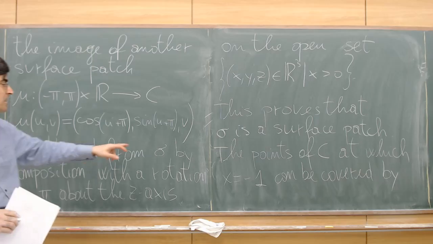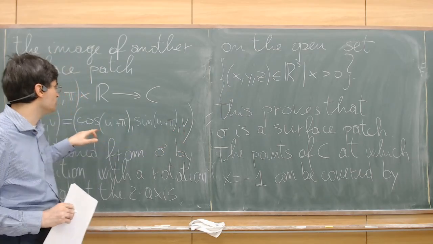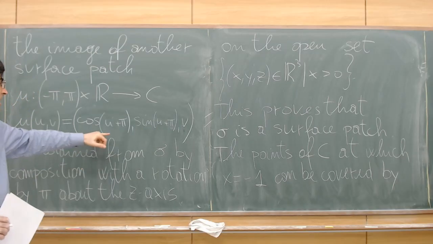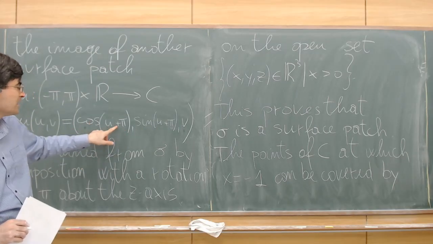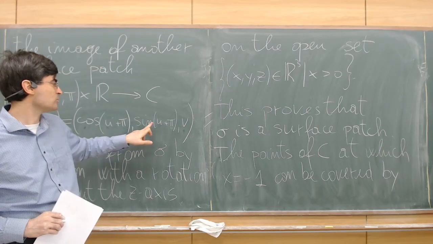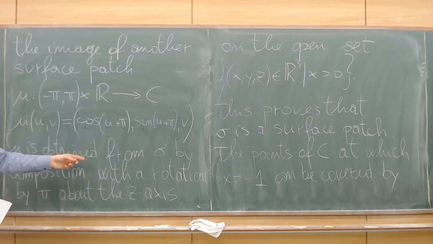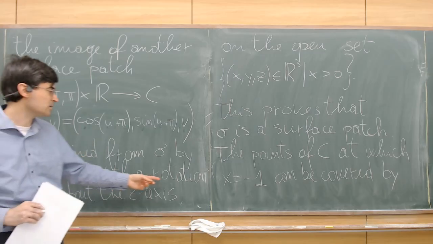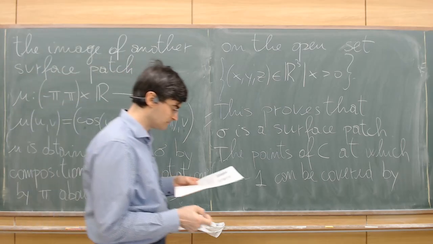In fact, here you have that the third coordinate is fixed. Only the first two change. How do they change? Instead of cosinus of u, you have cosinus of u plus pi. And instead of sinus of u, you have sinus of u plus pi. This is the effect of the composition with a rotation by pi about the z-axis.